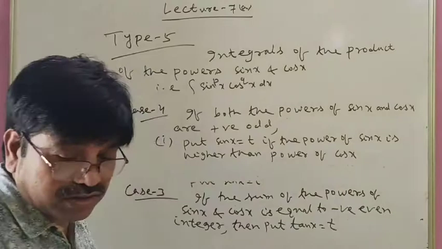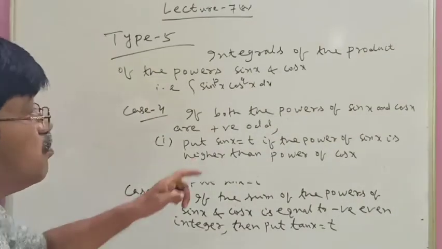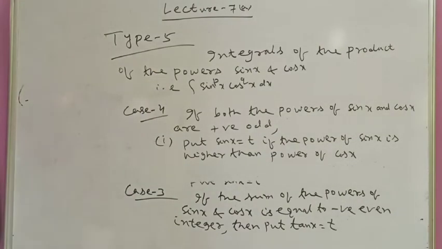If both the powers of sin x and cos x are positive odd, suppose I ask sin^5 x into cos^3 x. In that case, the power of sin x is higher than the power of cos x.